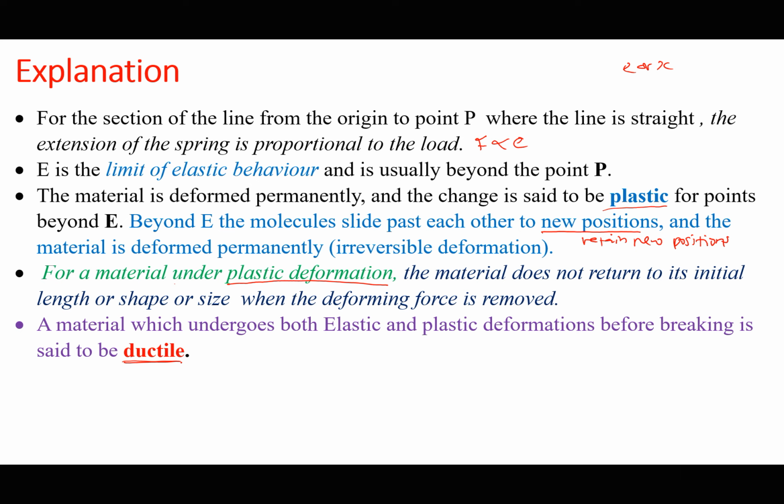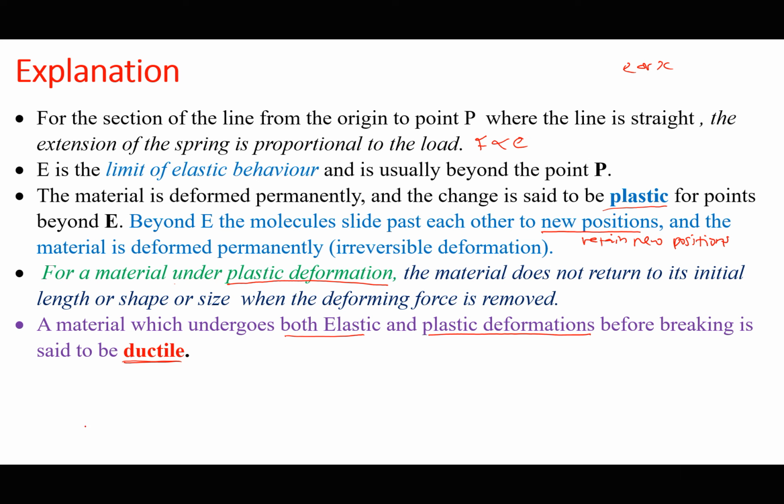So the one we have discussed previously, that is copper, is going to be ductile because, we have seen from the graph, it can undergo elastic deformation, then it will undergo plastic deformation, and then it will break.